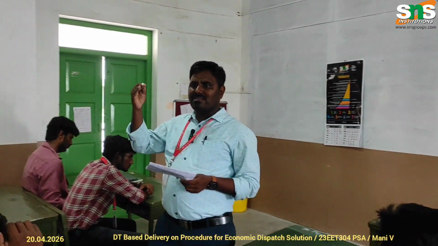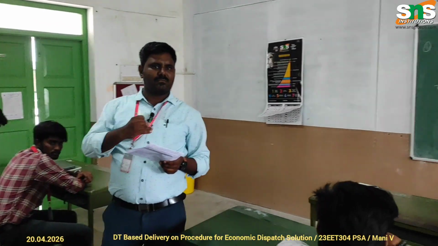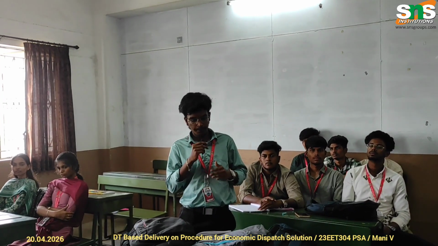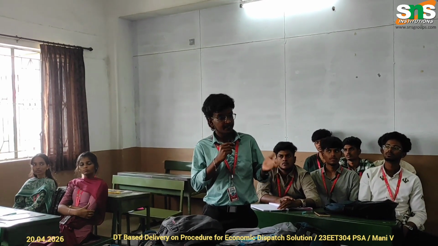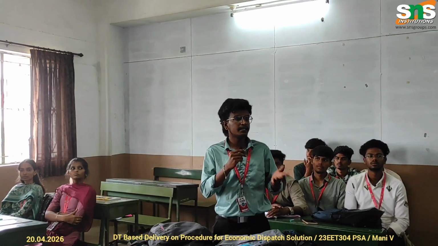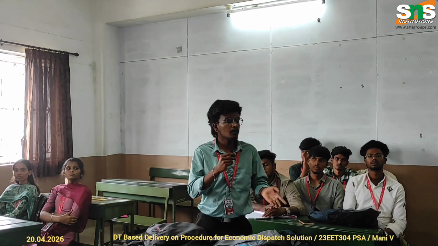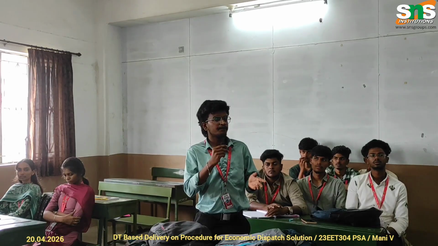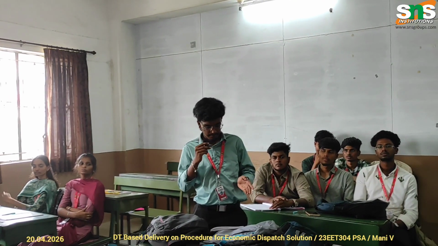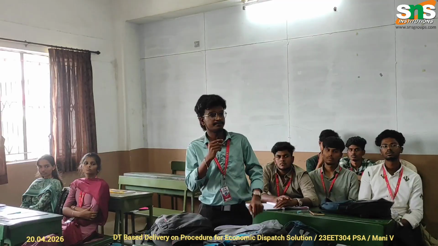And what is step number 3? Step number 3 is to check that the Pgi satisfy the operating limits. If they attain the limit values, that is the minimum and maximum values, we obtain the solution. Otherwise, go to the next step.